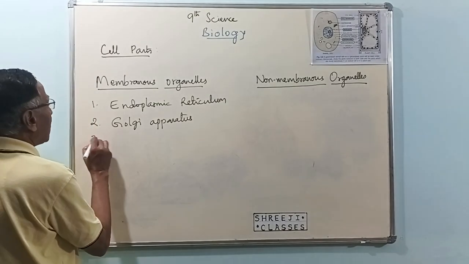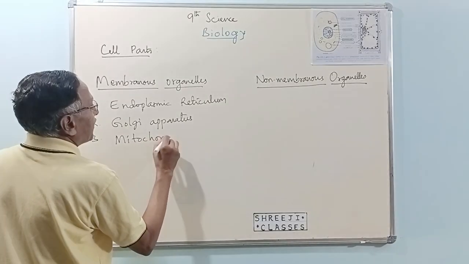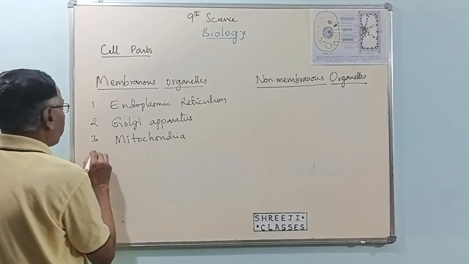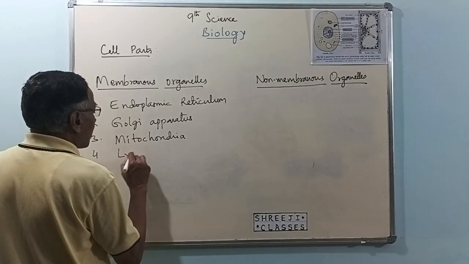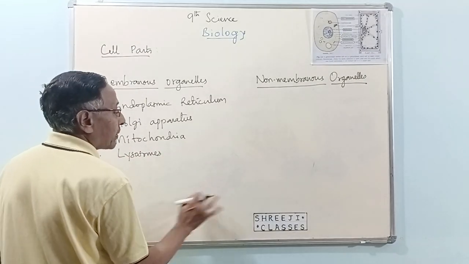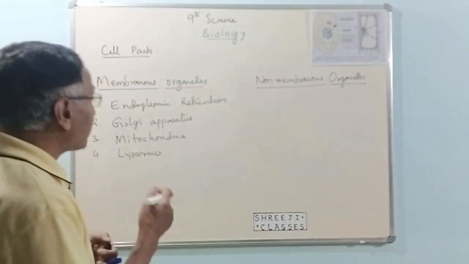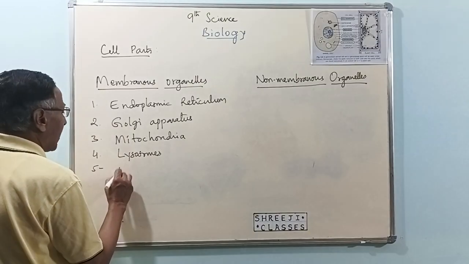And third is mitochondria. Then we have lysosomes. What else we have? We also have nucleus.